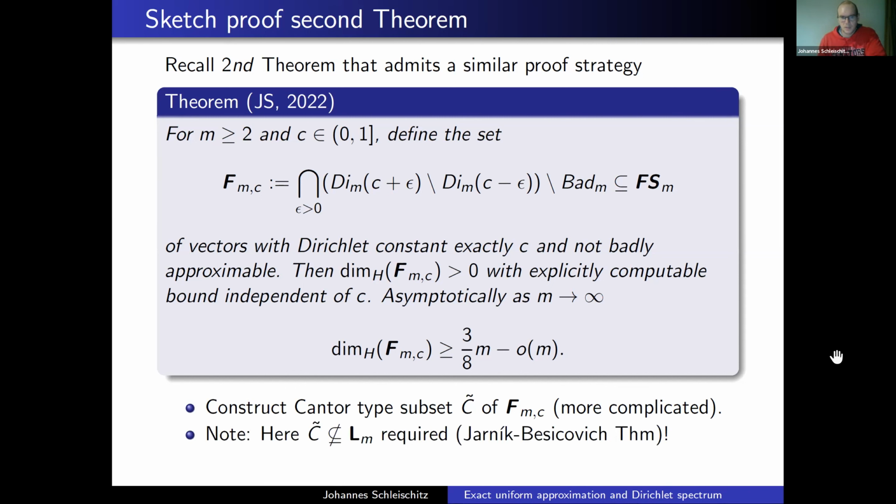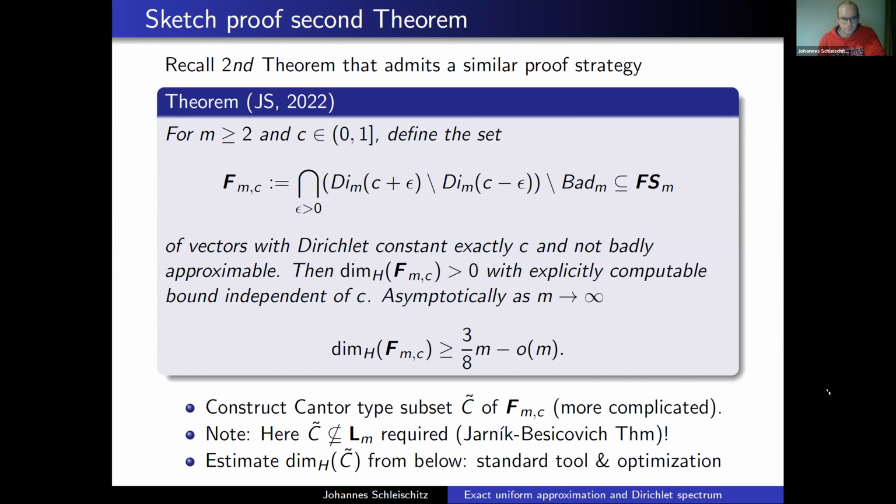Here I cannot take subsets of the Liouville vectors because they have dimension 0 and I want positive dimension. So that's just a remark. And then to use this, I again want a lower bound for the Hausdorff dimension of this Cantor set. Here I have to optimize some parameters and work with the standard tool from the next slide.